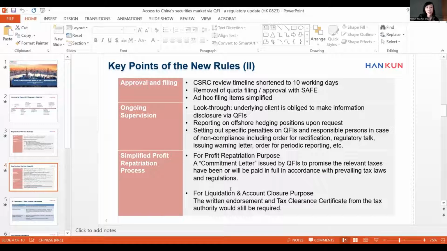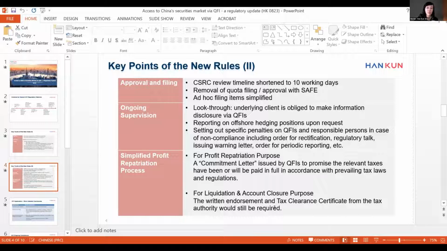And also, in China, at the exchange level, we have the abnormal trading monitoring mechanism. Although the rules have set up some abnormal trading patterns, in practice the exchanges will also have some internal standards or guidelines on what types of trading will constitute abnormal trading.